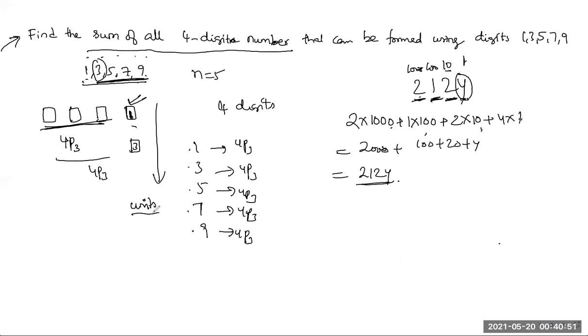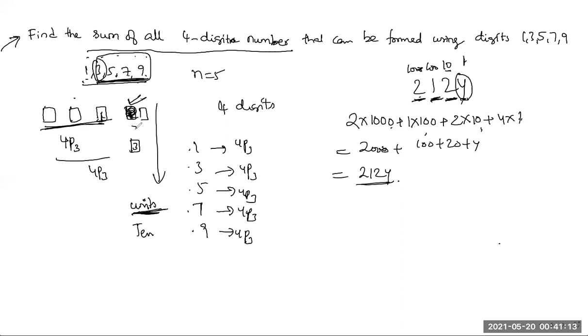The same goes when, in place of units place, if we place these numbers in tens place also. Suppose if we place 1 in the tens place and this is empty. So now also there are 3 empty places, out of which there are 4 terms.